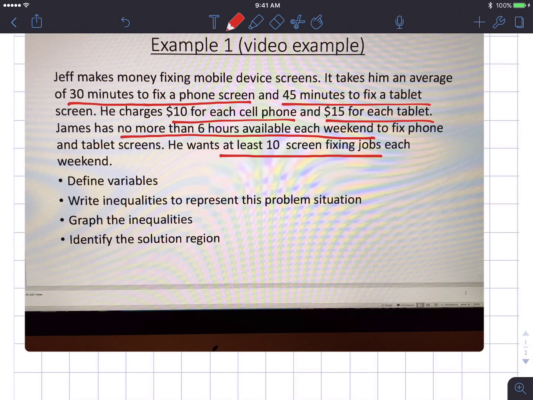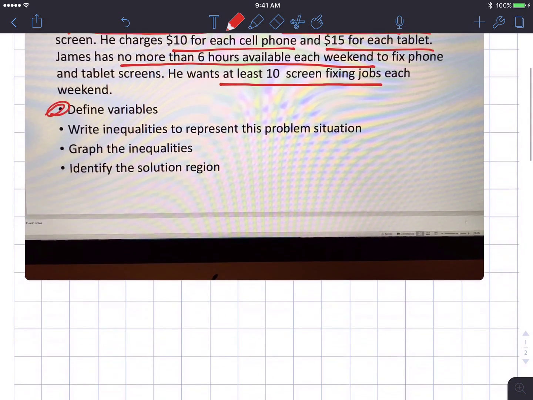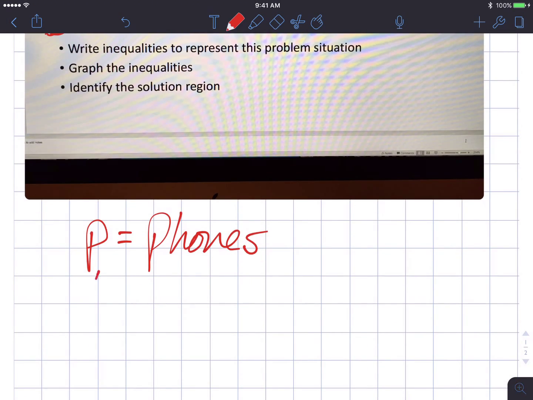Okay? So first thing it says is define variables right here. So let's go ahead and do that. How about, since we're talking about phones and we're talking about tablets, let's do something like P equals phones and T equals tablets.